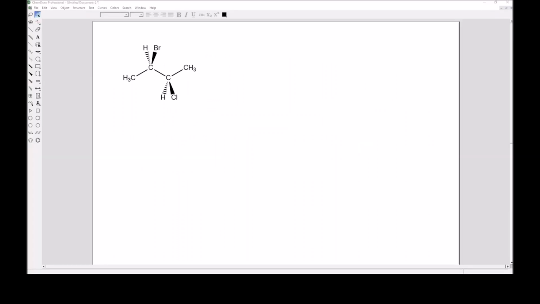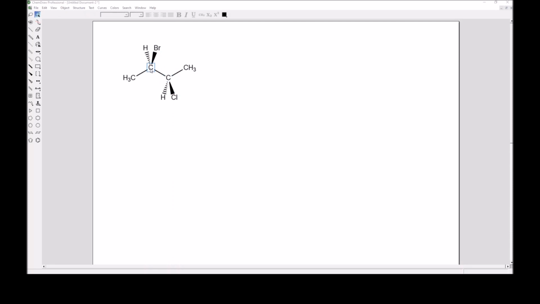For the next question, it's going to ask me to draw all stereoisomers of a molecule called 2-bromo-3-chlorobutane. And so here I have a wedge-dash diagram of 2-bromo-3-chlorobutane. Here's the butane, 1, 2, 3, 4, the bromine at the 2 position, and the chlorine at the 3 position.